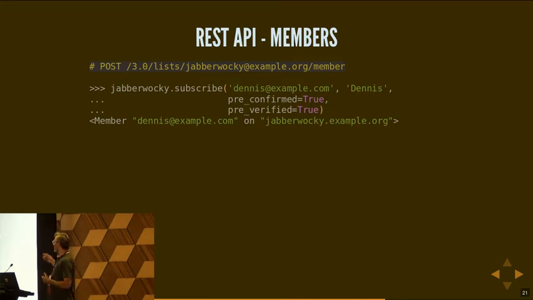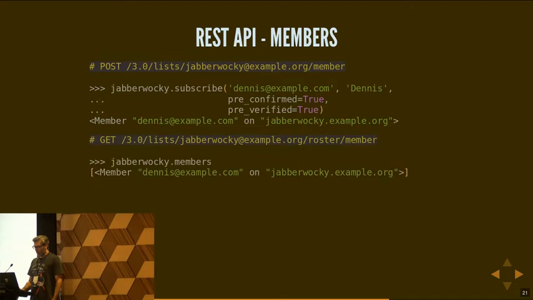And so we can set the pre-confirmed and pre-verified flags to true, and so Mailman will know, okay, this is good, and will just give us back a new member object because in the background, a new member has been created for this list. And now the Jabberwocky.members attribute isn't an empty list anymore. It contains the first member.